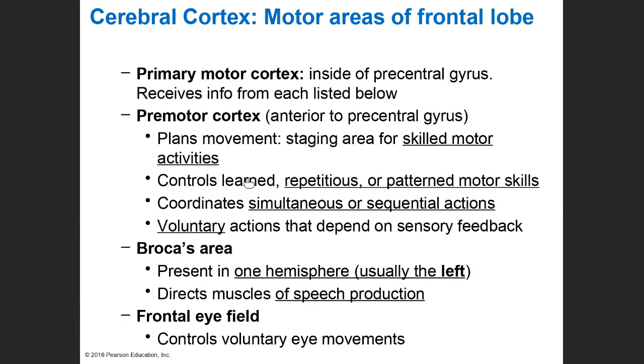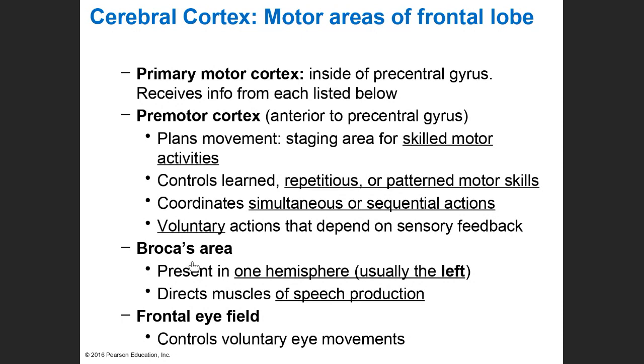Anything that we've learned about whatever motor functions have been learned are going to be integrated here, and sort of a command is going to be created here in the premotor cortex. So once a plan for movement for a voluntary action has been decided on, then that information will then go to the primary motor cortex, and then we have our muscle action.